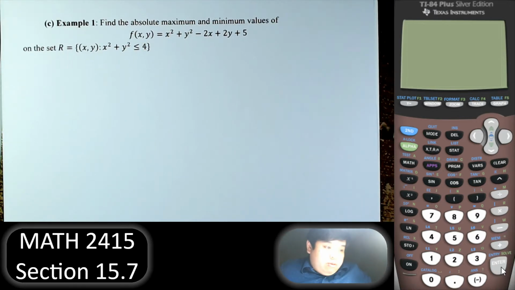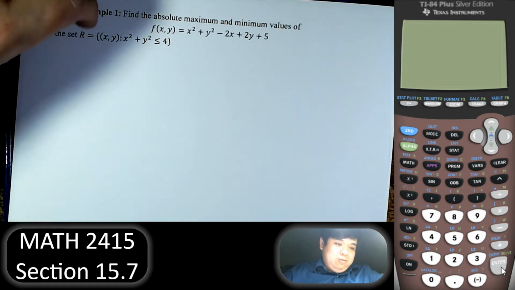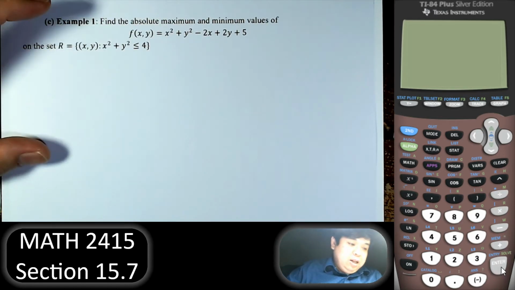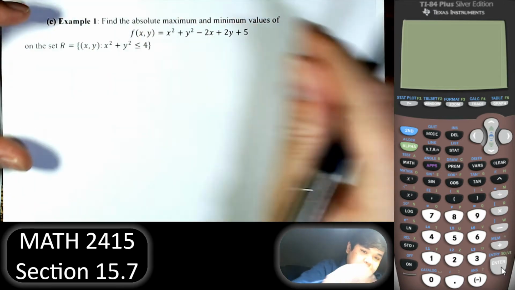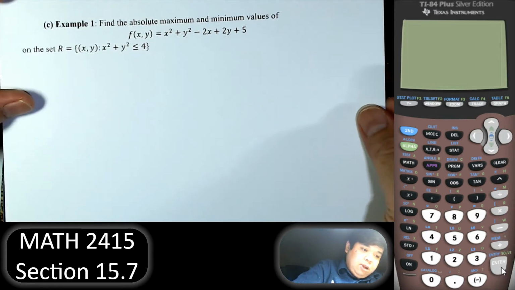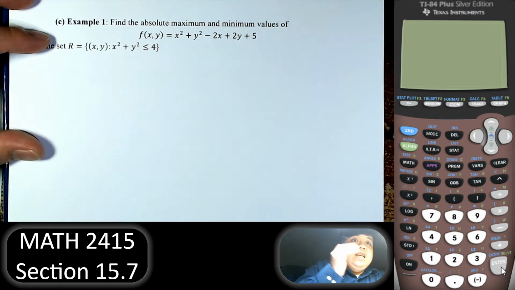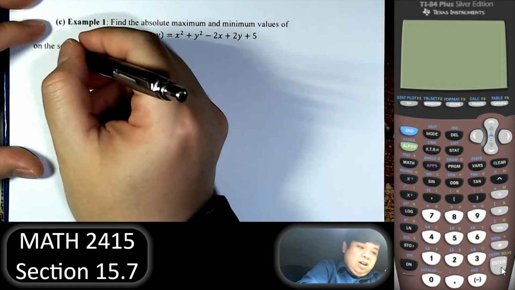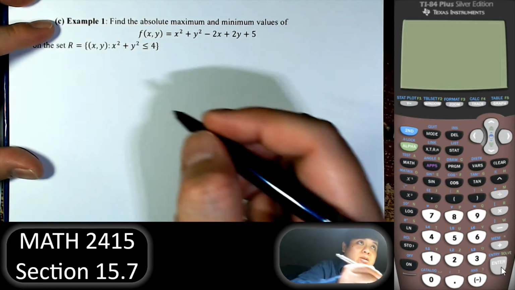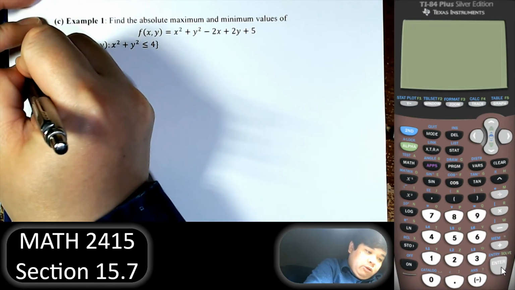Right, so let's look at this example. We have the whole page, so hopefully we have enough space. We still do the same thing, find critical points. First is to find the critical points inside R, inside the region.